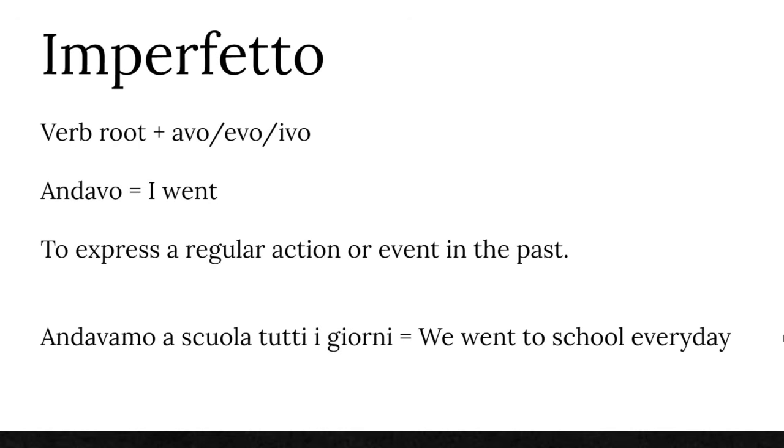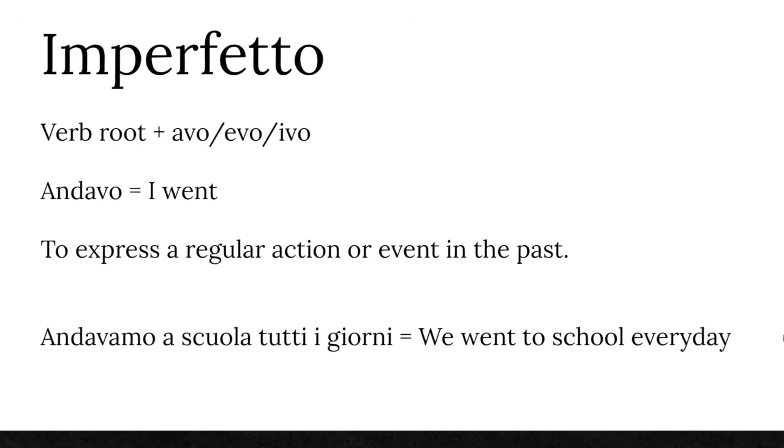So how do we make the imperfetto? As usual, you take the verb root and then you attach some endings. Okay? Avo, for the verbs that end with are. Evo, E-V-O, like the oil, for the verbs that end with ere. And Ivo, for the words that end with ire.